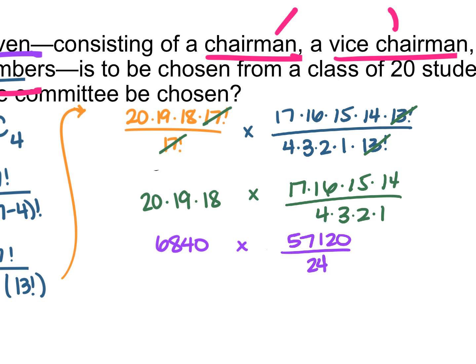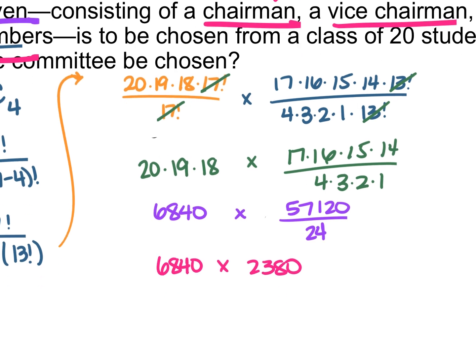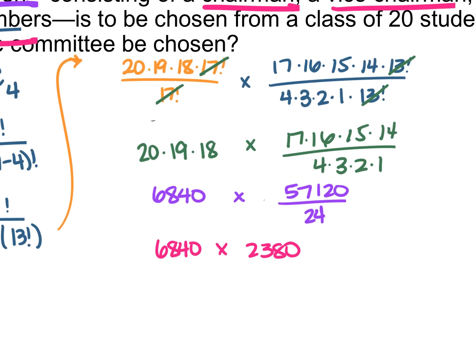That 57,120 divided by 24 simplifies to give us 6,840 times 2,380, which gives us a total of 16,279,200.